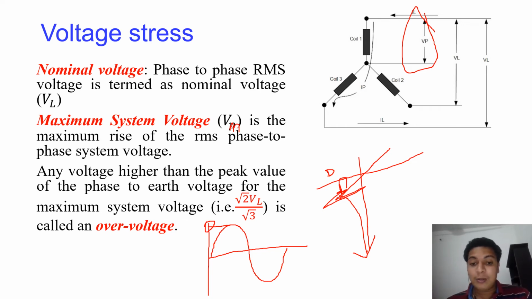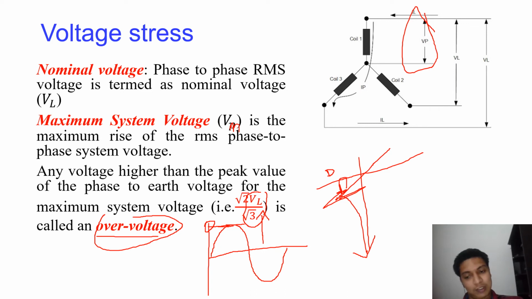If the applied voltage goes above this maximum value of phase voltage, then we say that we have an overvoltage. VL by root 3 is the line voltage divided by root 3, which is the phase voltage. Root 2 times that is the maximum value of phase voltage. Above that, if we apply more voltage onto an insulator or an equipment, we say that it is overvoltage. That is what is meant by voltage stresses.